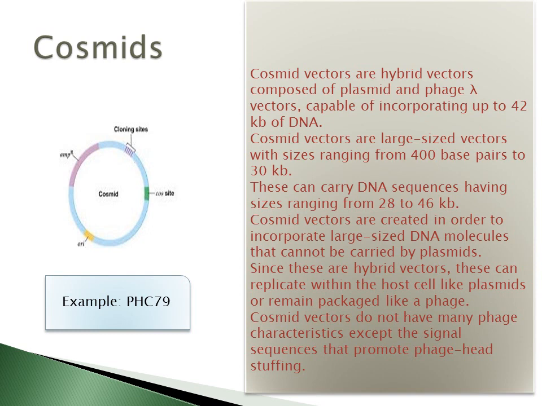Cosmid vectors are created in order to incorporate large-sized DNA molecules that cannot be carried by plasmids, since they are hybrid vectors that can replicate within the host cell like plasmids or remain packaged like a phage. Cosmid vectors do not have many phage characteristics except a single sequence that promotes phage head stuffing.